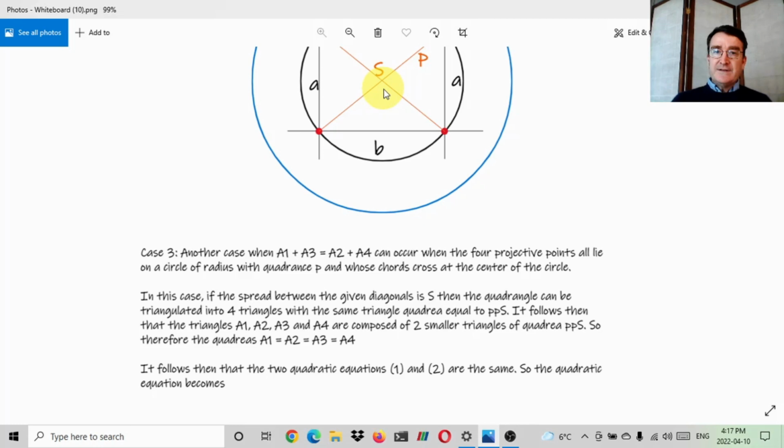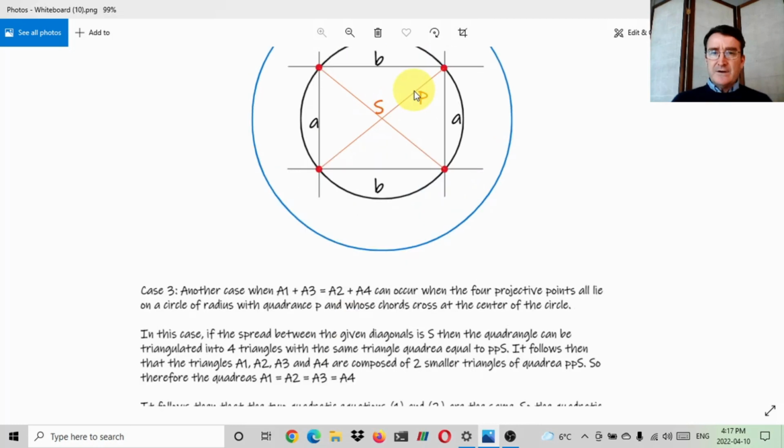The 2 triangles on either side of a chord, a triangle right here and a triangle right here, are both composed of 2 smaller triangles which have identical quadreas. So it follows then that the triangles A1, A2, A3, A4, these triangles on either side of a chord, are all identical. So we have A1 equals A2 equals A3 equals A4.